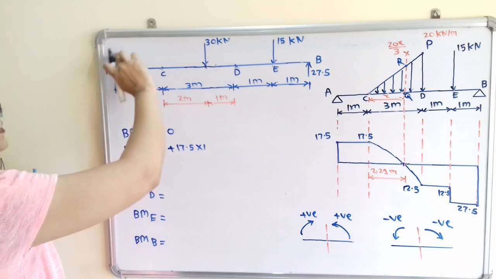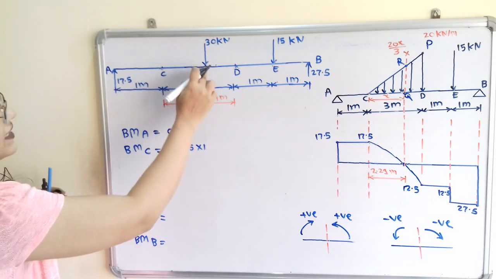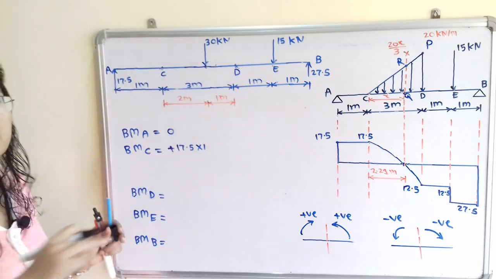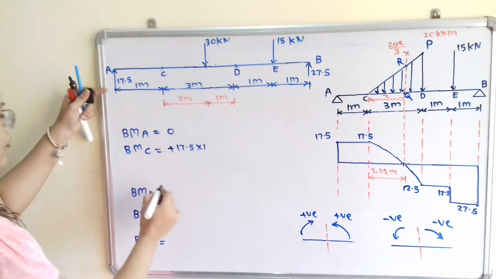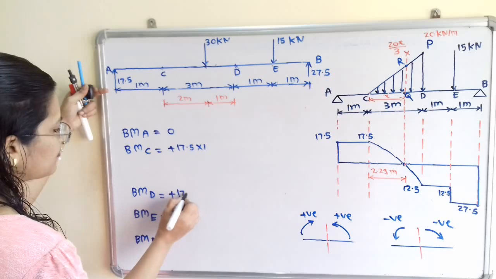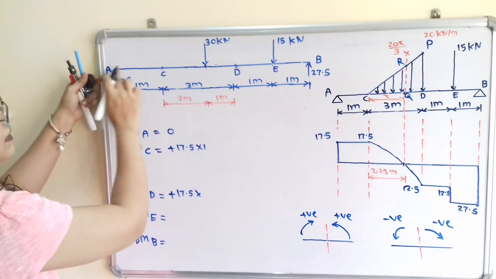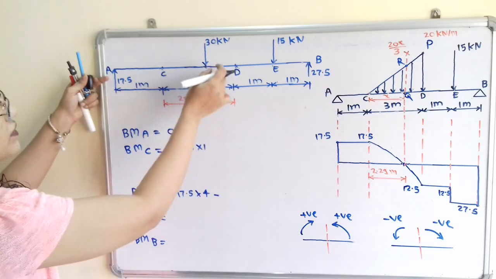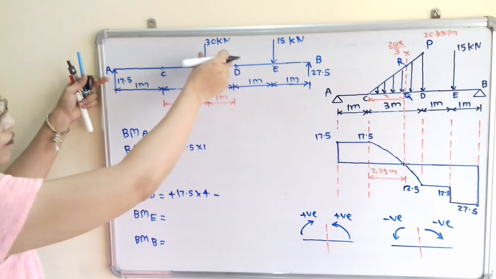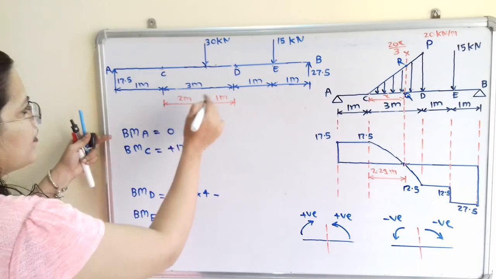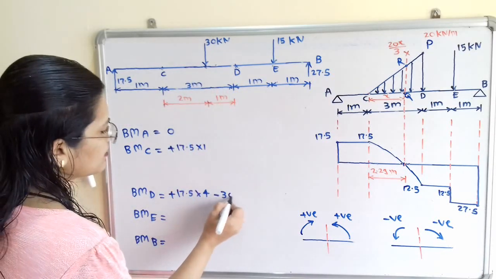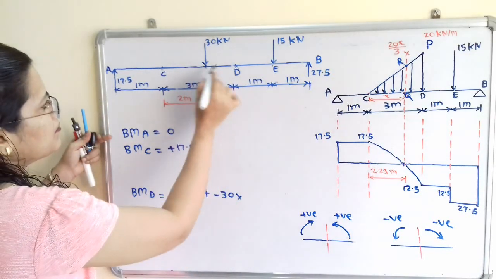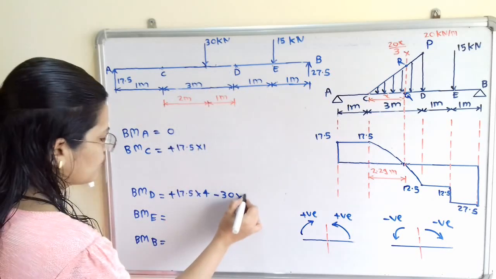Here this is in clockwise direction and this 30 kilonewton is in anti-clockwise direction. So we will take plus 17.5 multiplied by distance in between AD, that is equal to 4, minus, because if I move the compass in downward direction then it is anti-clockwise direction, so minus 30 multiplied by distance in between 30 kilonewton and D, it is 1.